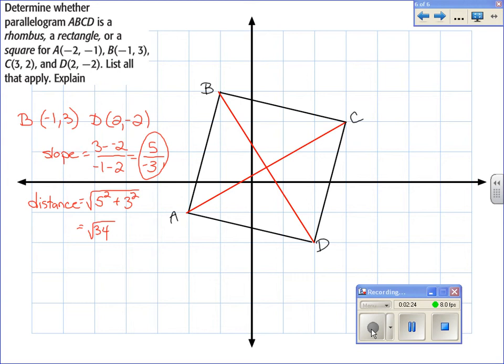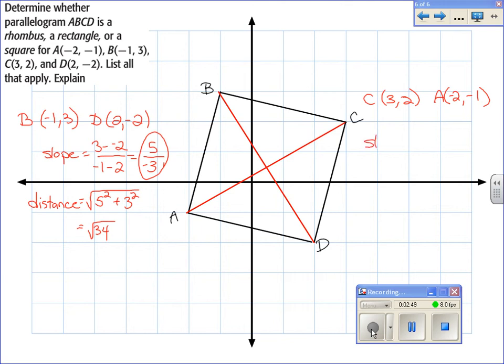Now, I can check to see if CA has the same properties, or the same distance, but for slope, I'm going to be looking for opposite reciprocals. So C is 3, 2, and A is -2, -1.